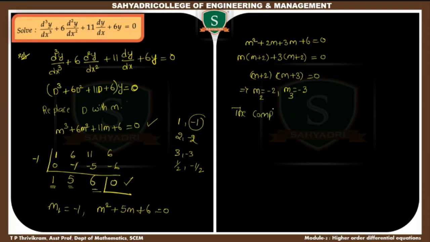The complementary solution is yc equal to c1 e power m1, which is minus 1, so e power minus x, plus c2 e power second root, minus 2x, plus c3 e power minus 3x.